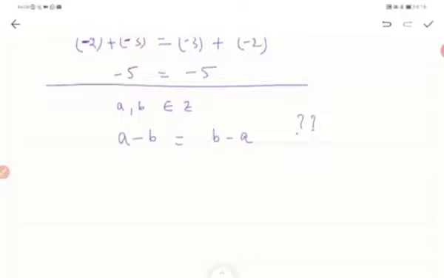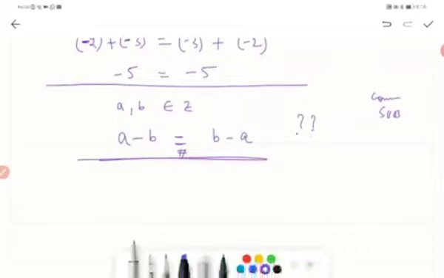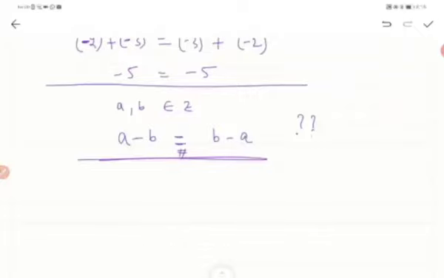What do you think about this equation? Will it be equal or not equal? Under subtraction, is the commutative property true or not? Just try, think about it. We will discuss this in our Zoom meeting. Students, even if I forget, just remind me in the class.